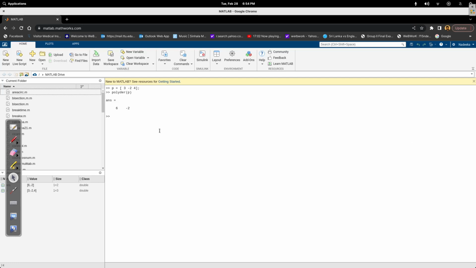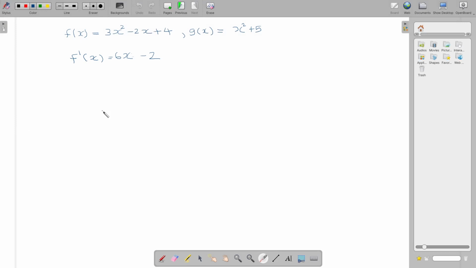For example, if I differentiate fg using the product rule and simplify it, I will get 12x cubed minus 6x squared plus 38x minus 10.